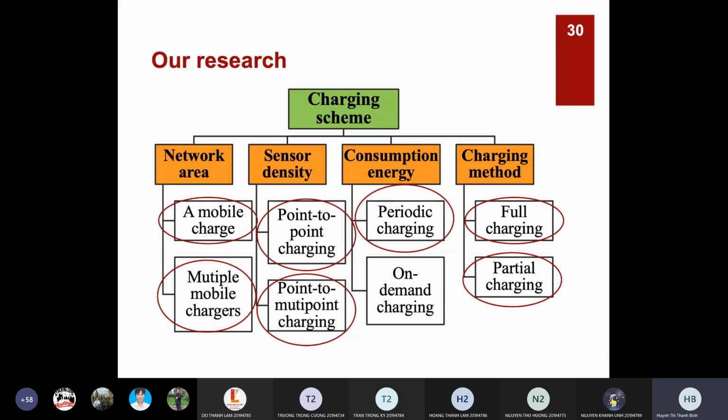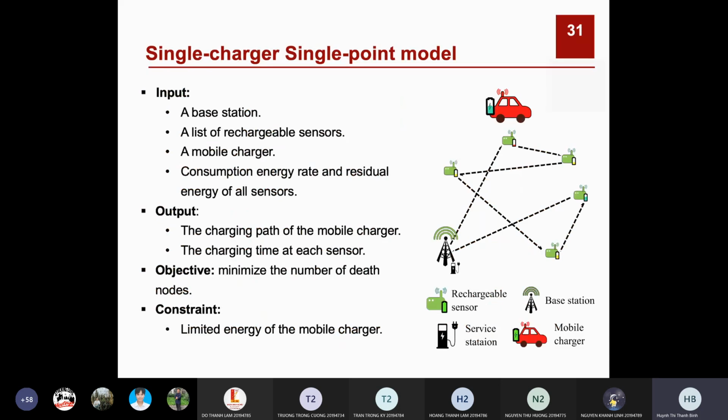And we divide it into some problems. The first one is the single charger, single point model. We have only one mobile charger, and we need to make the schedule for the mobile charger to go to sensor nodes to provide energy for the sensor nodes.